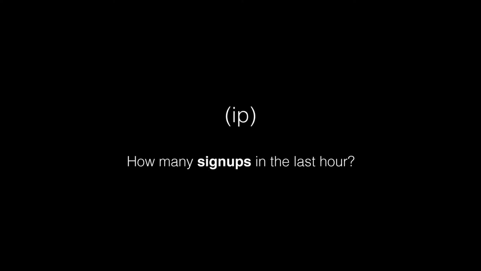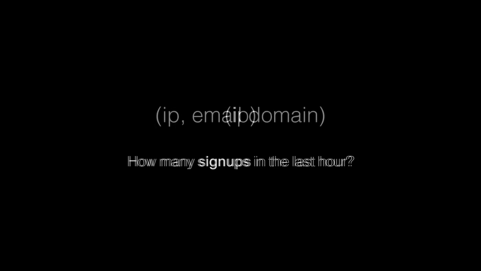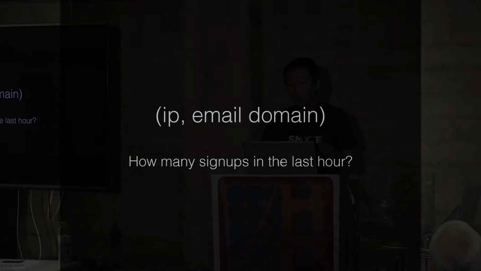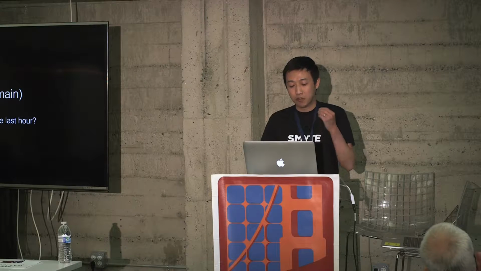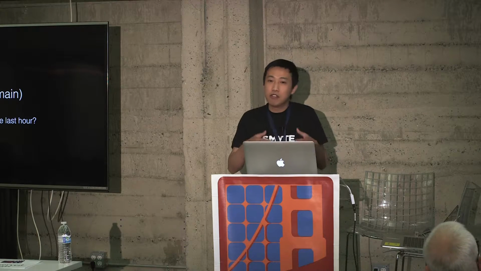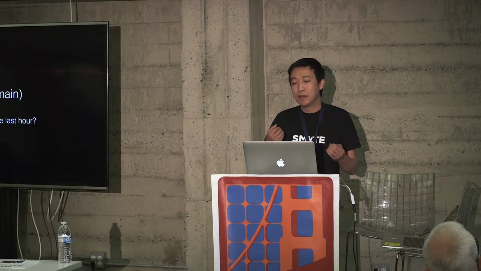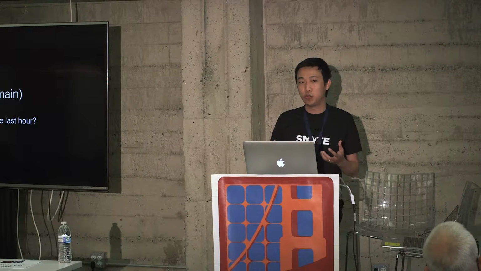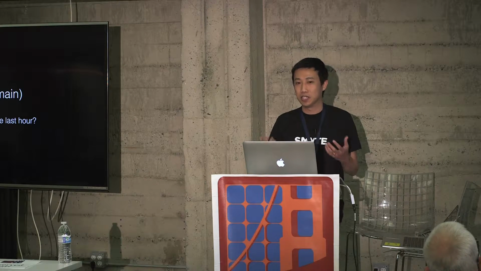Or if we know a particular request is for a sign-up for a website, then we want to know how many sign-ups have happened from a single IP in the last hour. Even more specifically, if the sign-up involves an email address, then we can extract the email domain and ask how many unique emails we have received for the sign-up from this IP for a particular domain, from which we can tell if someone is automating a fraud campaign that tries to create a lot of fake accounts at the same time.